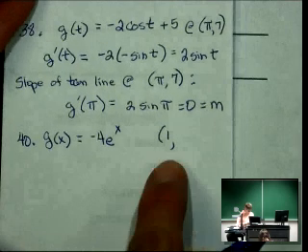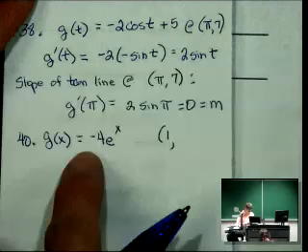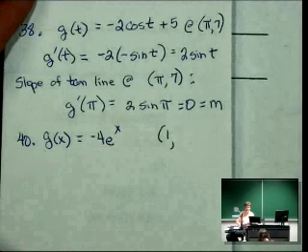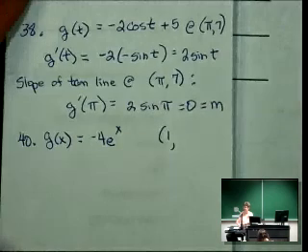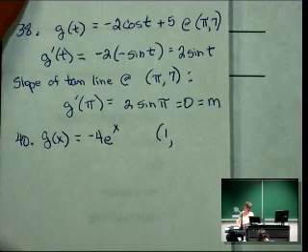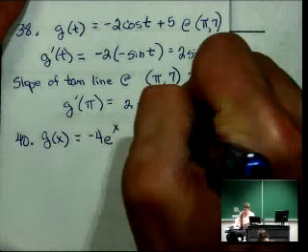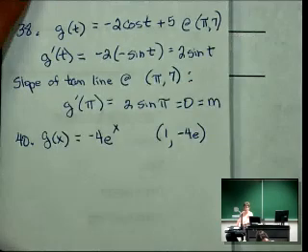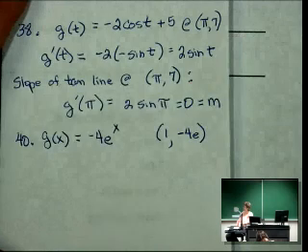Put 1 into the function. -4 times e to the first, as an exact answer, y'all need to practice your exact answers, is what? -4e. Not 12 point something something, but -4e. Really, that was given to you in the book. I just made you work for it.